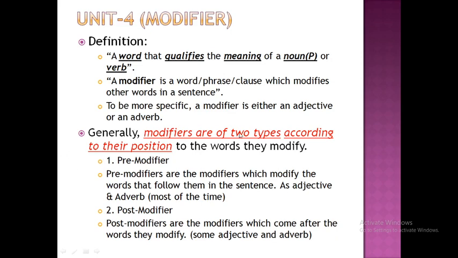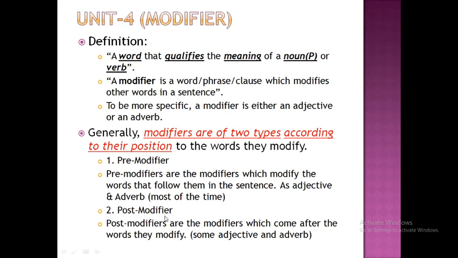Generally, modifiers are of two types according to their position. Again, I'm saying there are a few different ways to decide the types of modifier. The first type is as per the position in which we use them in sentences. The two types with respect to position are pre-modifier as the first one, and post-modifier as the second.